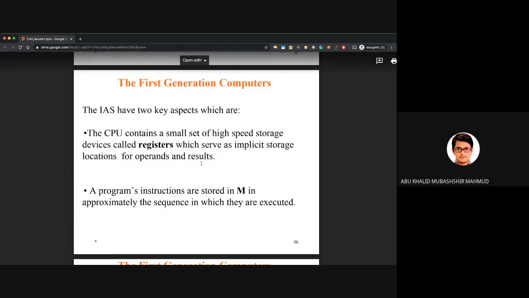Now the IAS has two key aspects. The first is a small set of high-speed storage called registers, which serve as implicit storage locations for operands and results.